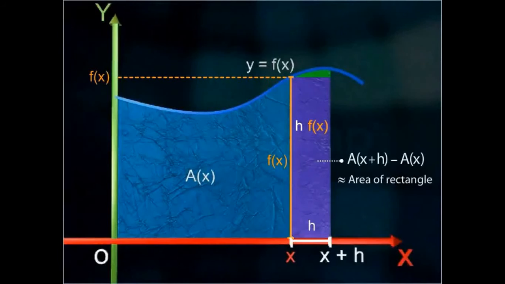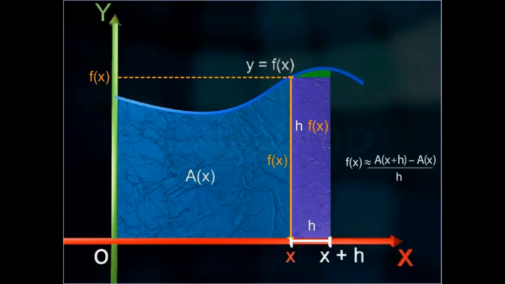Thus, h into f of x is approximately equal to A of x plus h minus A of x, or you can say f of x is approximately equal to A of x plus h minus A of x upon h.